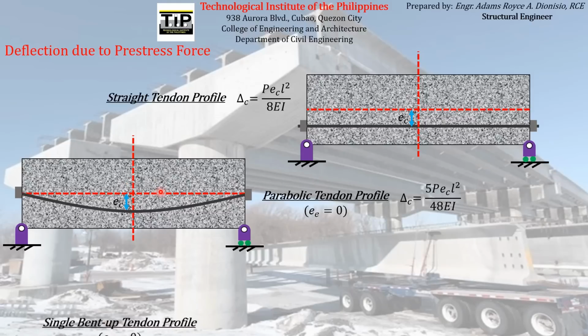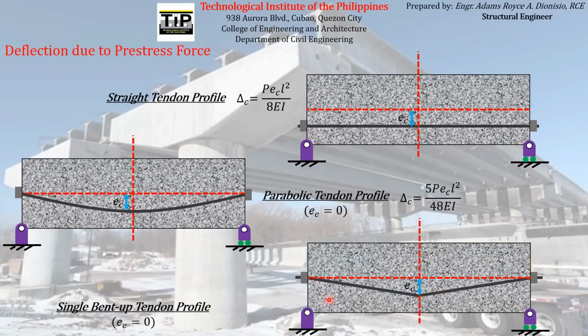For the case of a prestressed concrete beam with single bent up tendon profile like this, with an eccentricity at the ends also equal to 0, the deflection, which occurs at the midspan of the beam, is equal to this formula. The product of the prestress force transferred to the concrete element times the eccentricity at the midspan section times the span of the beam, divided by the product of 12 and the modulus of elasticity and the moment of inertia of the beam itself.